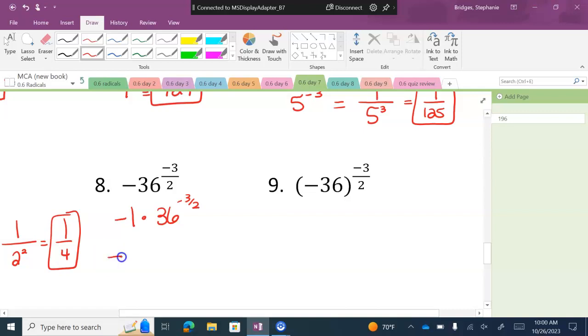So let's work on this. I'm going to keep that negative 1 out here. What root of 36 am I going to take? Square root. And then I'm going to raise it to what power? Negative 3. Okay. What is the square root of 36? 6.